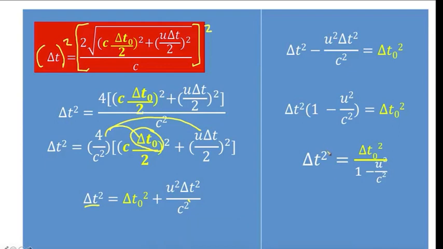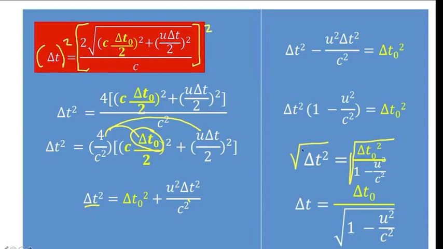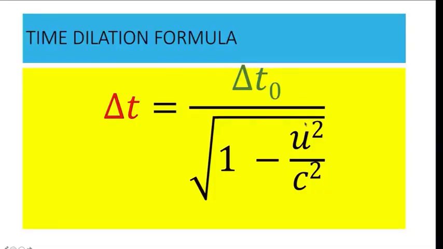Now, notice that this is still raised to the second power. What we can do is get the square root of both sides of the equality, and what we will get is we'll be able to cancel this out to get delta t, and then the square root of delta t sub 0 raised to the second power is delta t sub 0, and we have the radical at the denominator. And finally, we now have this formula.